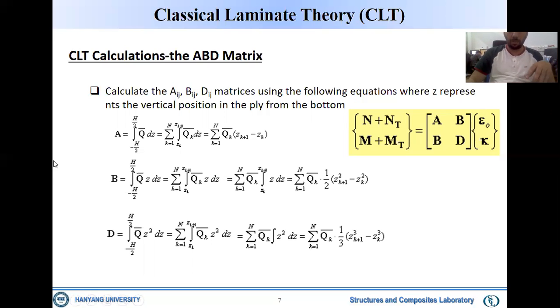A is the in-plane rigidity, and B is the coupling term between the in-plane behavior and the bending moment. I mean, there is coupling between the bending moment and in-plane, and D is the bending rigidity.